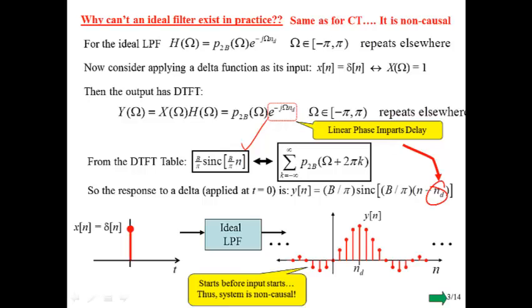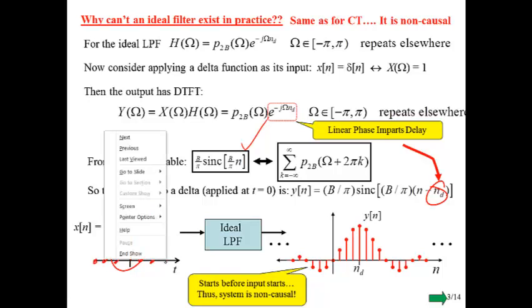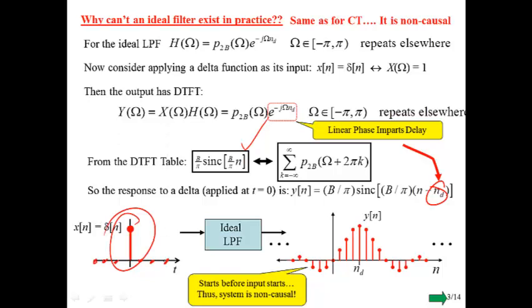To look at a picture of this, our delta function hits at time equal to n0. It's 0 prior to that, 0 after that. If the system is causal, the first time it can start to respond is at n equal to 0, but we see that it actually starts at time equal to minus infinity. How does it know to do that? Well, it's impossible for a real system to know how to do that. So we can't have such a filter.